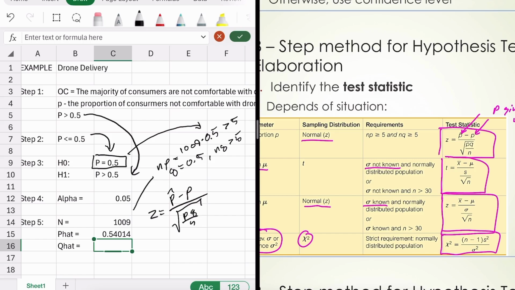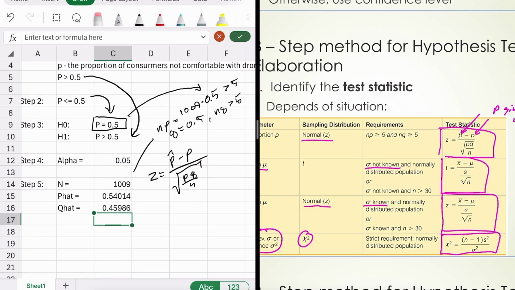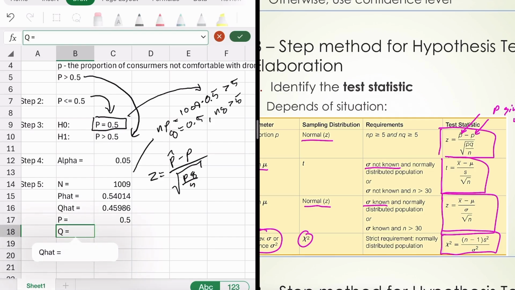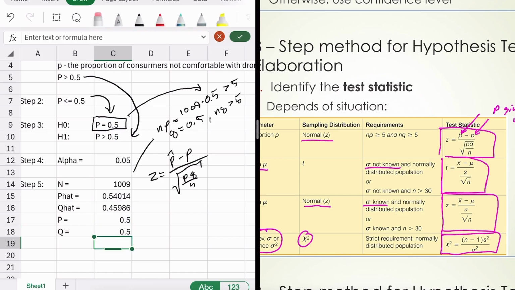Q hat is going to equal 1 minus P hat. Enter. 1 minus P hat. Okay, what else do I need? I have P equals 0.5. Q equals 1 minus P. With all that information, I can do my test statistic.